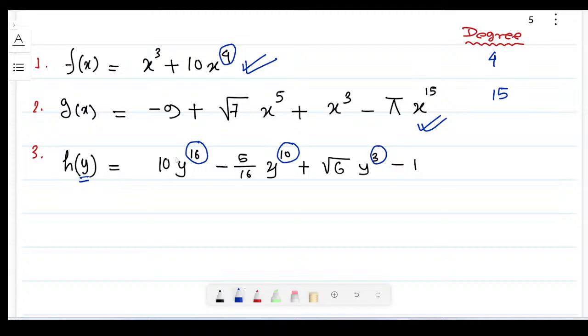A polynomial may have different kinds of variables. It may be x, it may be y, it may be t, it may be r also. So there is no problem. The highest power is 16, so it is a polynomial of degree 16.